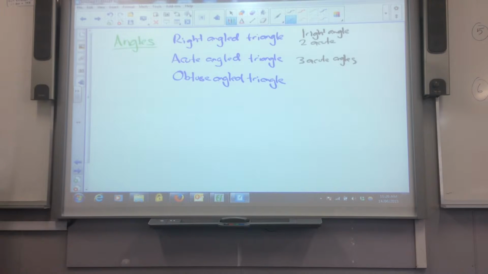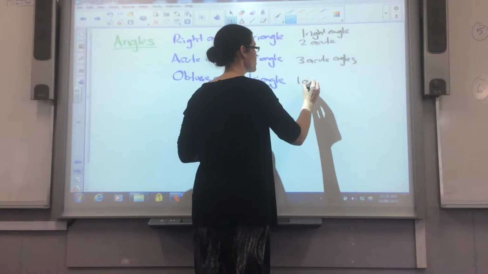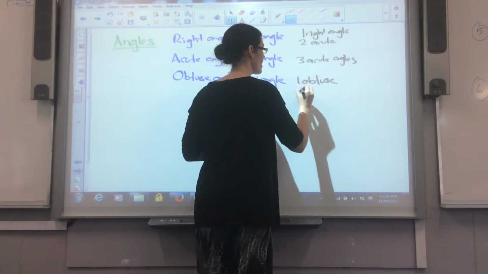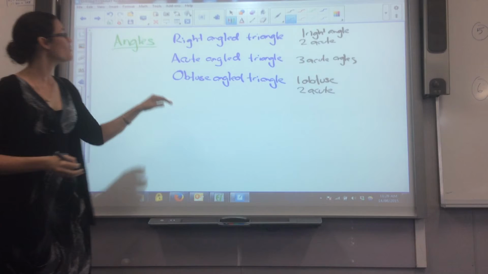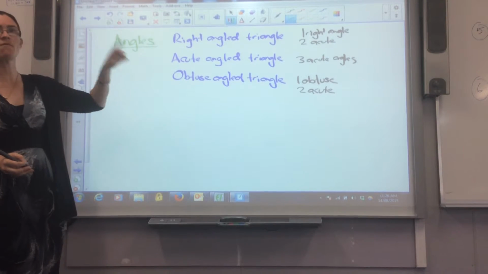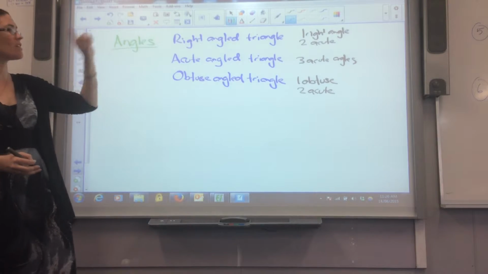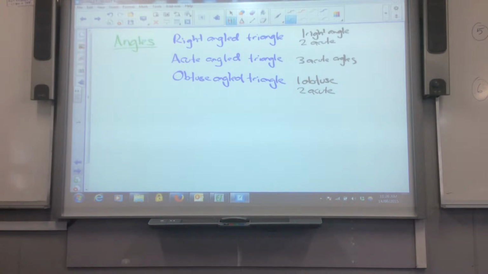Two acute, one obtuse. Well done. So acute must have all of them acute, but right and obtuse just have that one special angle that's either a right angle or obtuse. The other two are still acute angles.